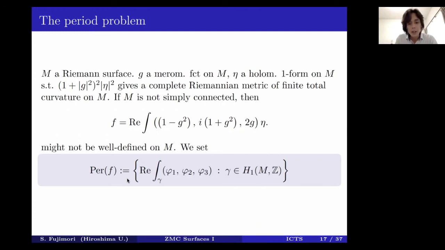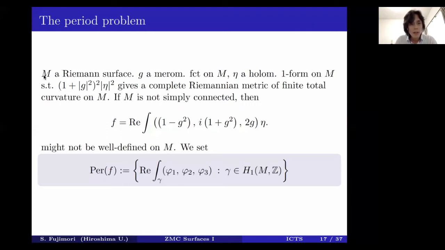Okay, so we can construct a minimal surface by just taking one integration. But here we take a path integral, so there is a period problem. I will explain this.